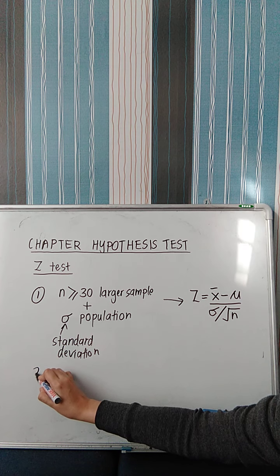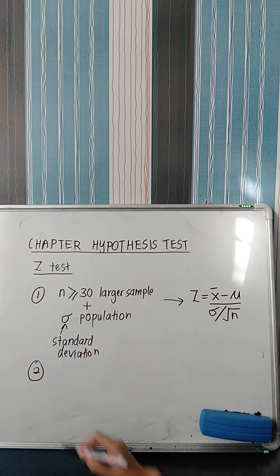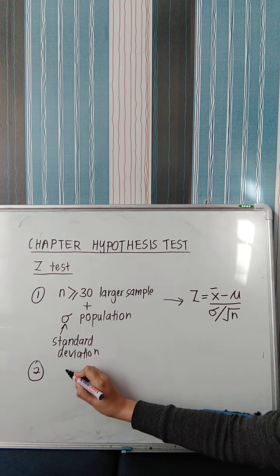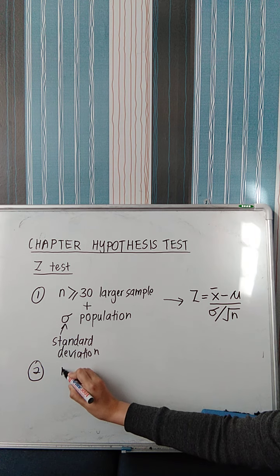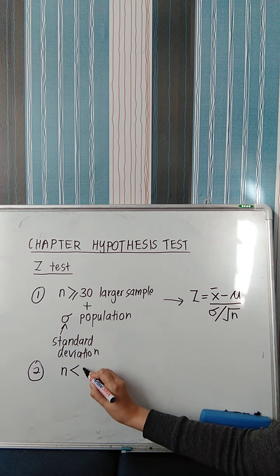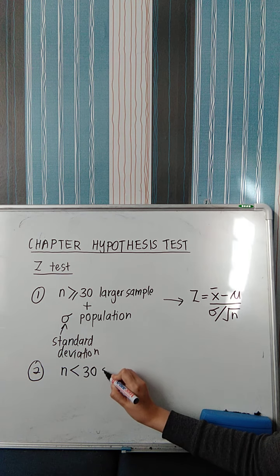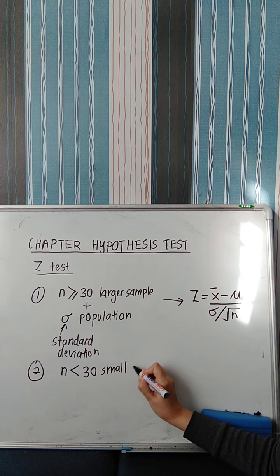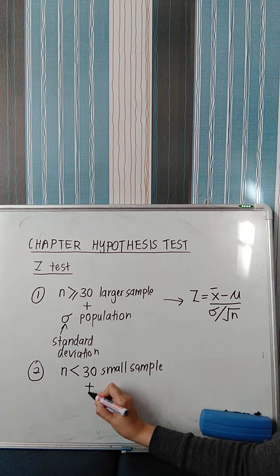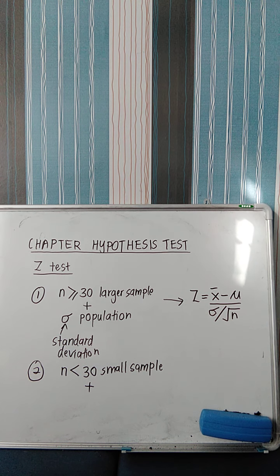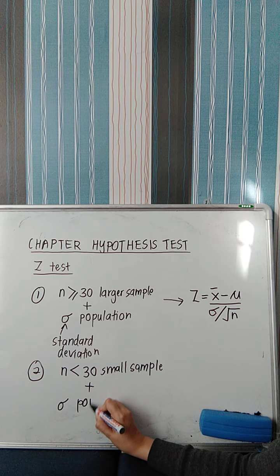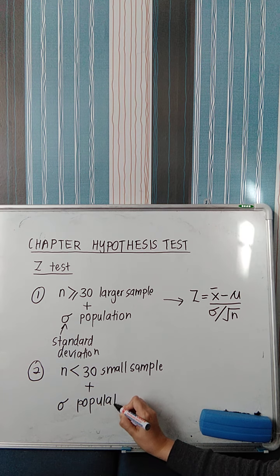Continue to the second condition. For the second condition, small sample. Small sample means your n must be less than 30. Plus, you must know the standard deviation for the population.